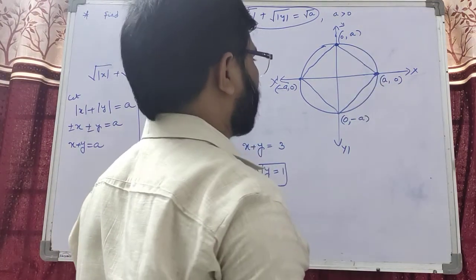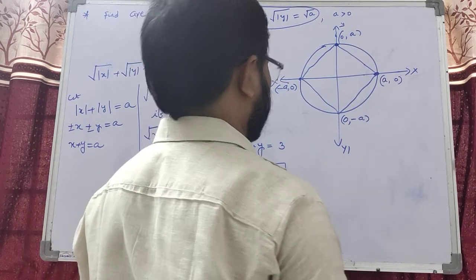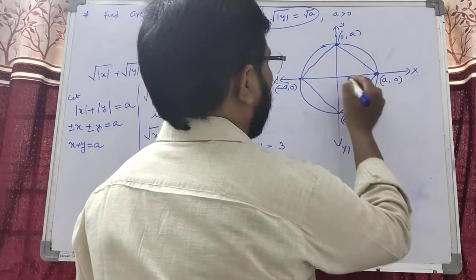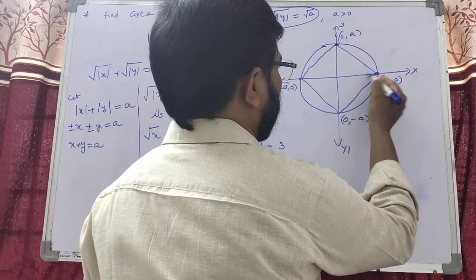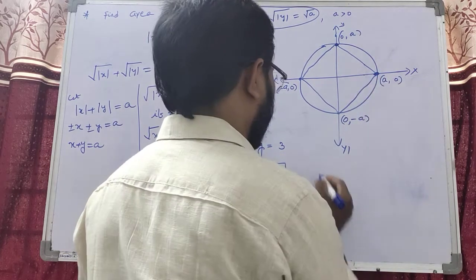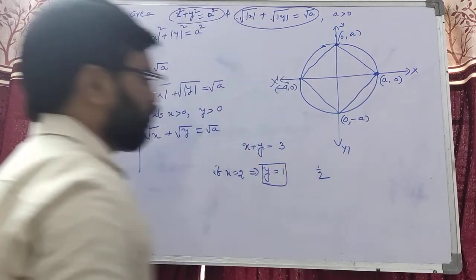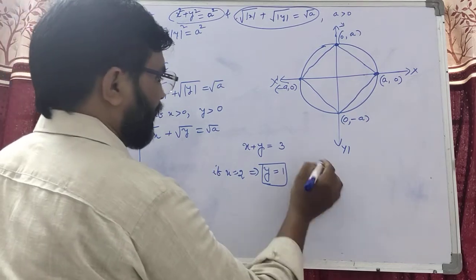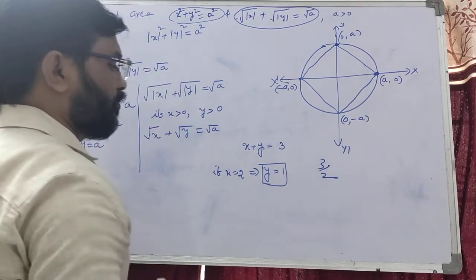Now what we observe here: suppose this is 3, this is 2, this is 1. Suppose we take 1 by 2, and 3 by 2. What is the value of y?